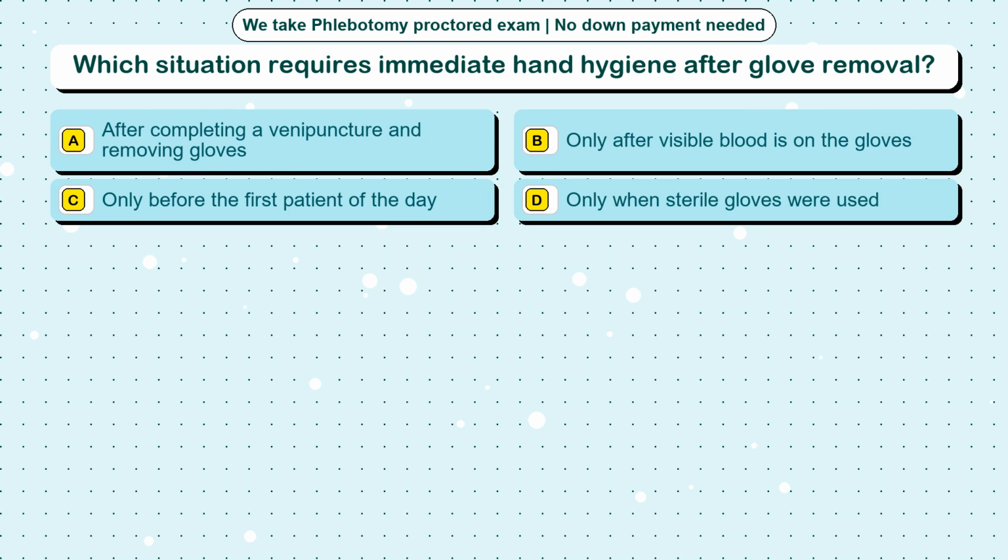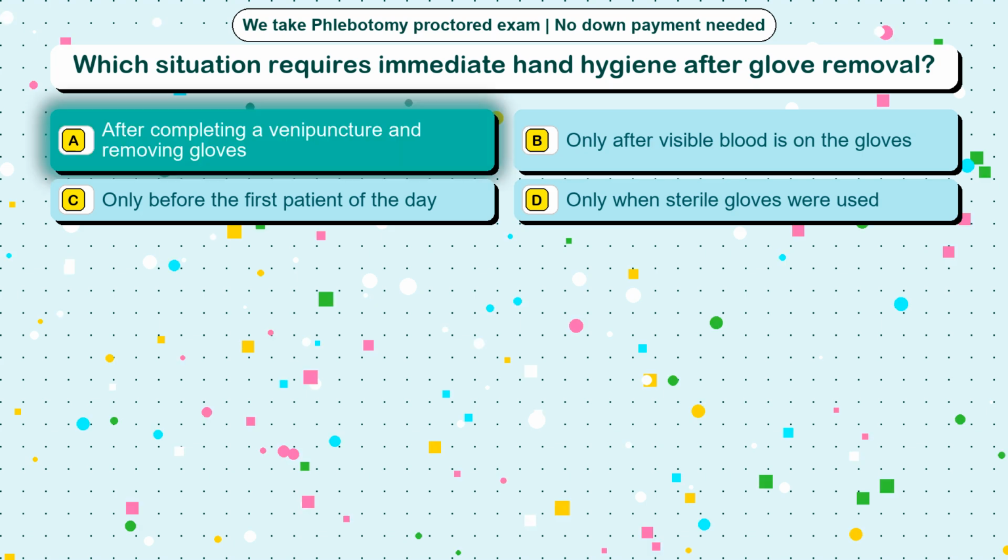Question 62. Which situation requires immediate hand hygiene after glove removal? Option A, after completing a venipuncture and removing gloves. Option B, only after visible blood is on the gloves. Option C, only before the first patient of the day. Option D, only when sterile gloves were used. The correct answer is option A, after completing a venipuncture and removing gloves.